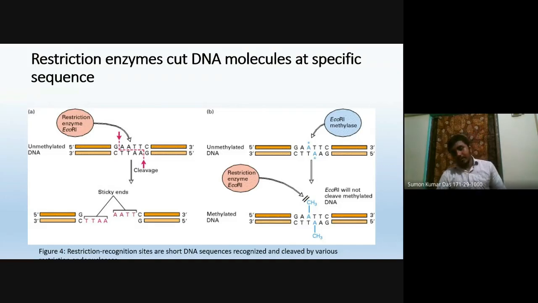But the presence of a methyl group with the base is called methylated DNA. When methylated DNA is present, the restriction enzyme is not able to cut the DNA structure because the methyl group does not allow this enzyme to do its role. So they are unable to perform their function.